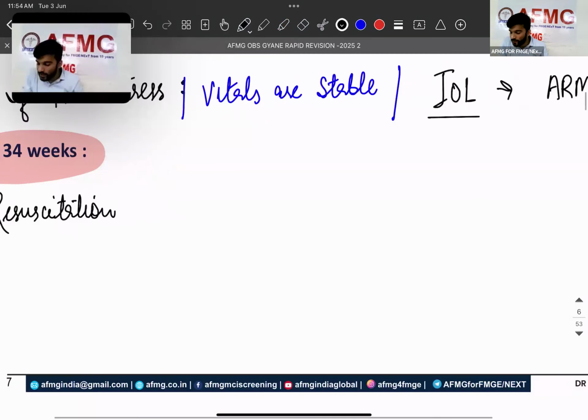IOL means induction of labor. Don't search for the full form then. During my time, I was also writing IOL. But when I reached home, I wondered what IOL is. I used to Google, and it showed International Organization of Labor. So you should write short forms only when you know the full form.